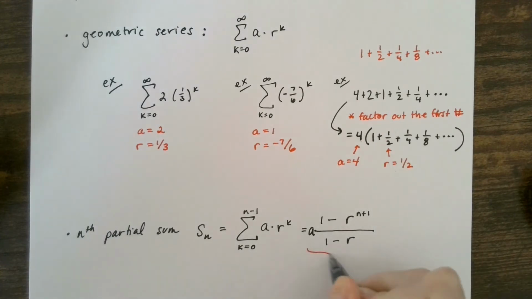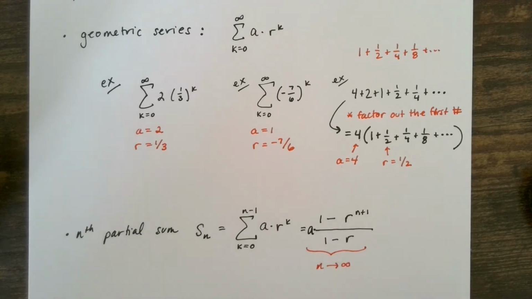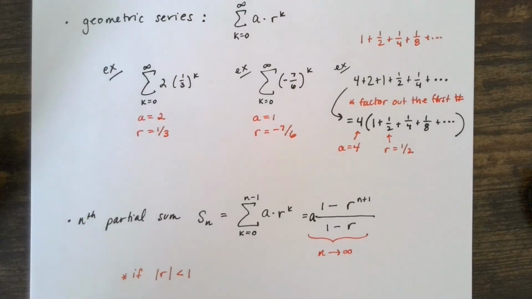So we're thinking about this formula, and then we're thinking about as n goes to infinity, do we have some sort of pattern here? And in fact, it depends on what r is. So if r is a fraction, and it can be positive or negative, but as long as it's a fraction less than 1, then this part right here, higher and higher powers of a fraction, that goes to 0.